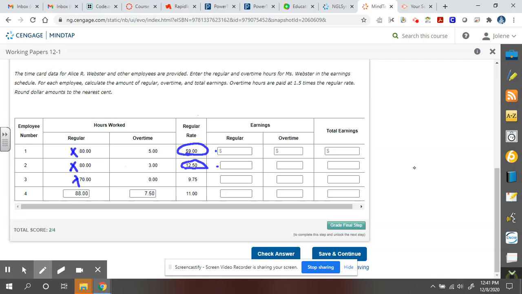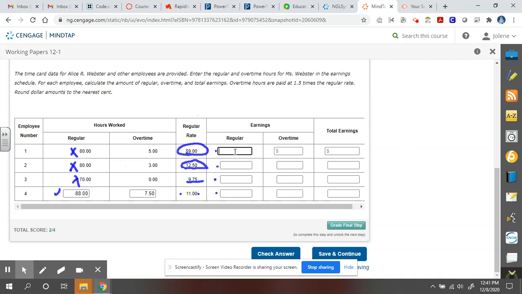And employee 3 is 70 hours times your 9.75 to get the regular pay. All right. And then Alice with her 88 hours times $11, she gets $11 per hour, and that's going to give you your regular pay. Okay. So let's do those.